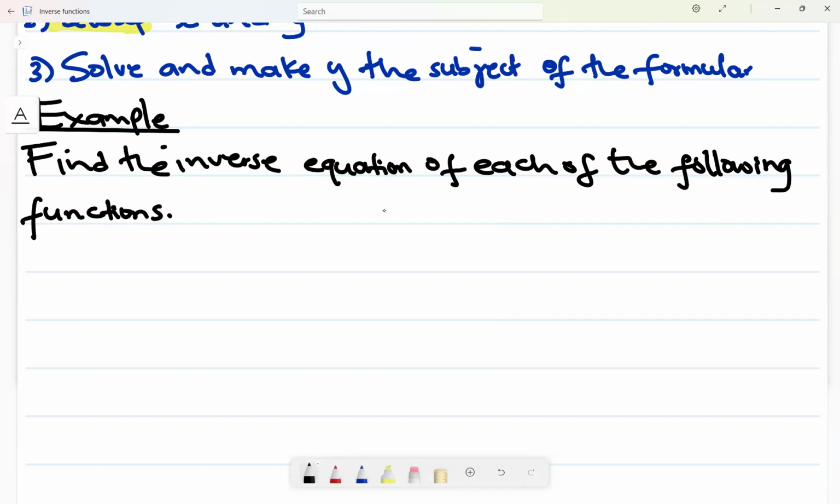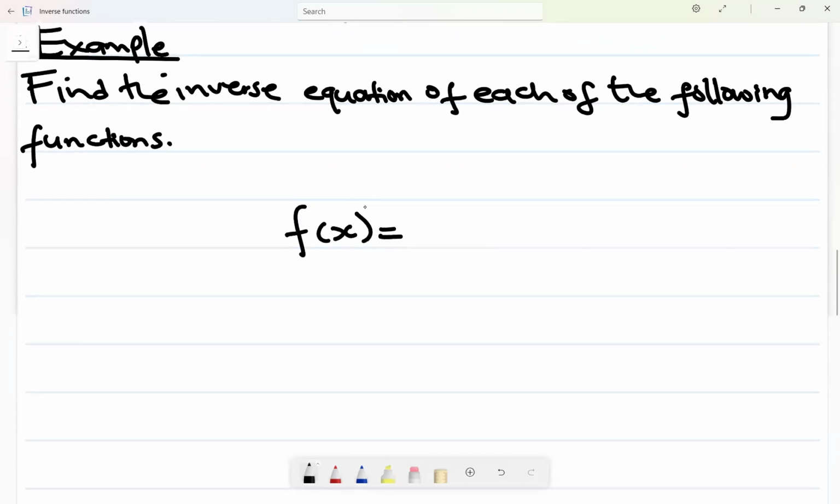We know for an original function it is f of x. For an inverse, it's going to be f inverse, negative 1, of x.